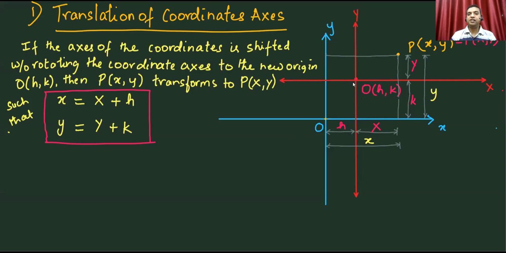The new coordinate axis is shown in red. The actual coordinates of the new origin in the new coordinate axis will be 0 comma 0, but with respect to the old coordinate axis, this is h comma k.